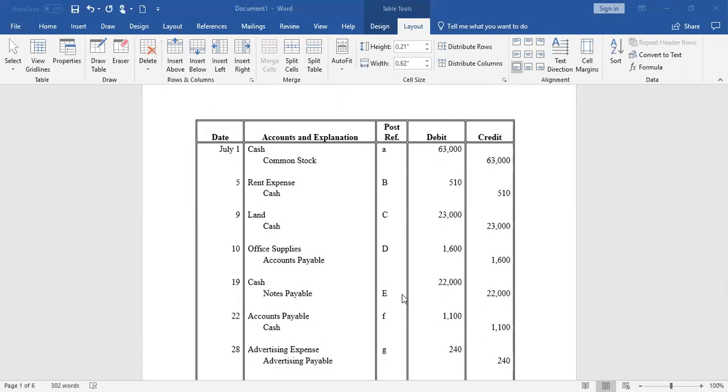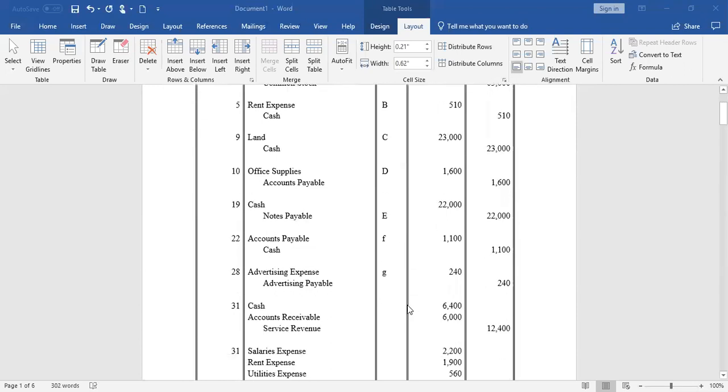Revenues earned during the month included $6,400 cash and $6,000 on account. So this one usually jazzes people up a little bit. So this company has earned two revenues. Not different types, but it's still service revenue. They provided service and they got $6,400 cash immediately. And then they did services and $6,000 was on account. So the customers from the $6,000 owe them the money.